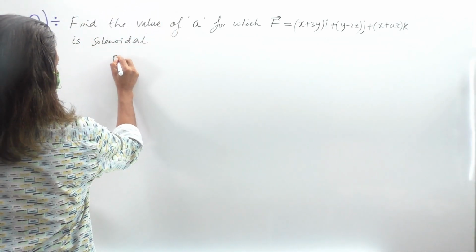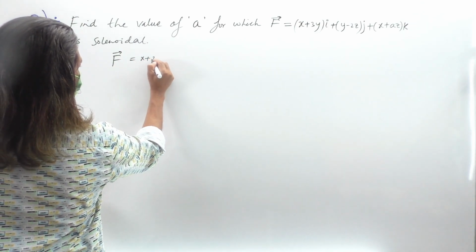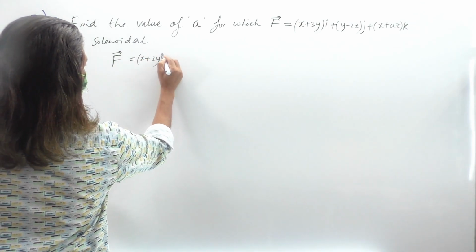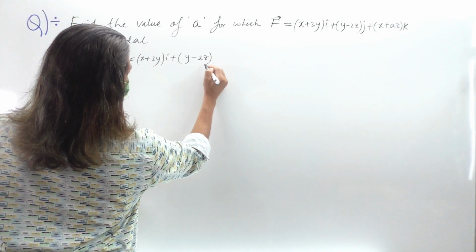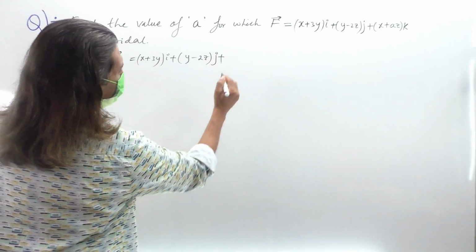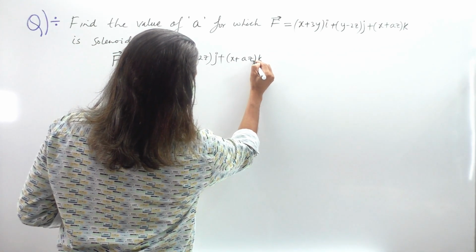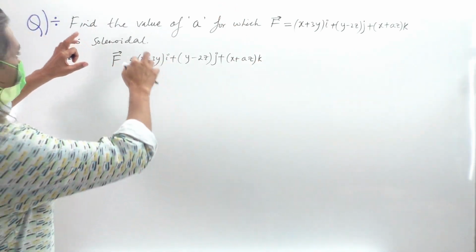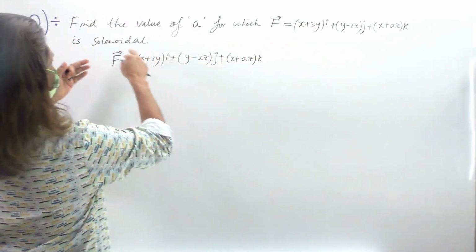The f vector is given as (x plus 3y) i plus (y minus 2z) j plus (x plus az) k. Now find the value of a for which the vector field f is solenoidal.